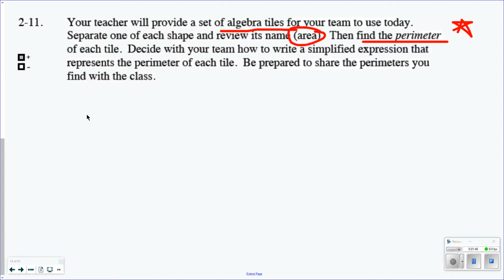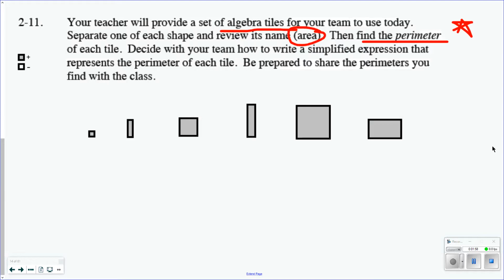So if we take a look at all the algebra tiles, here are the 6 algebra tiles that you looked at in the previous lesson. Now we also know the name of each tile. So let's go ahead and write in the name of each tile so that we can find its perimeter.